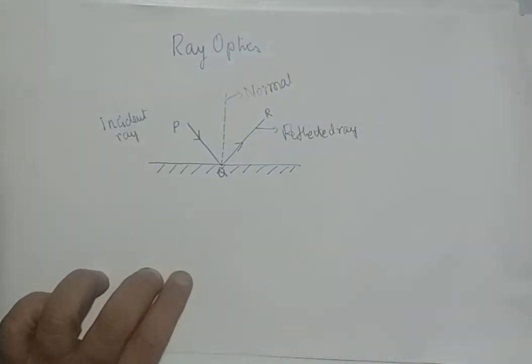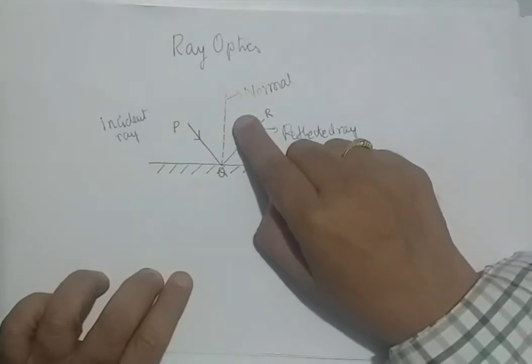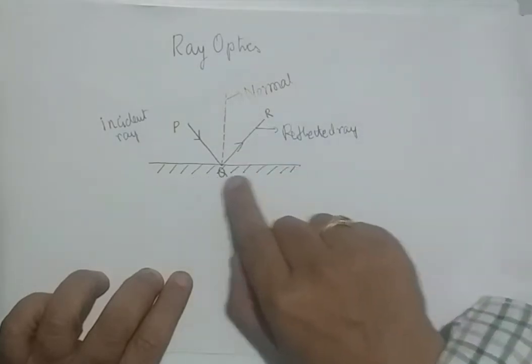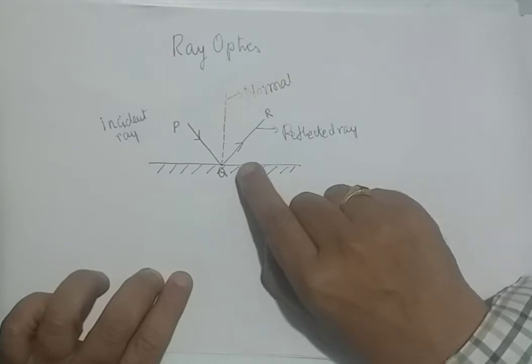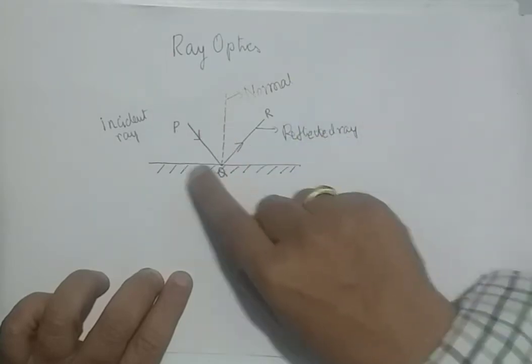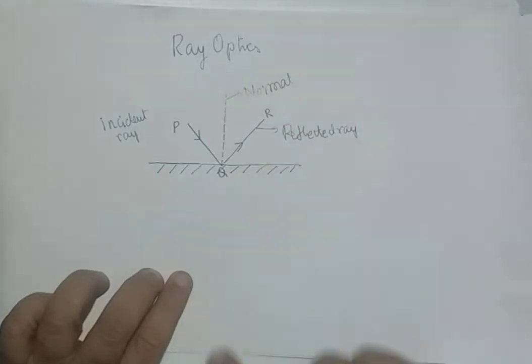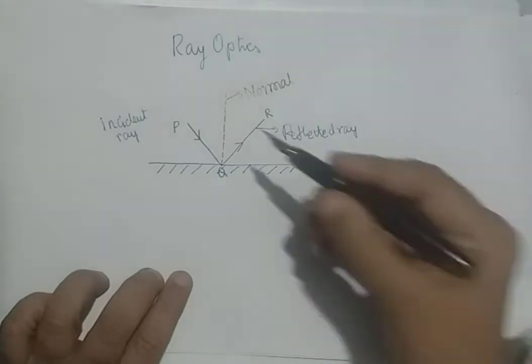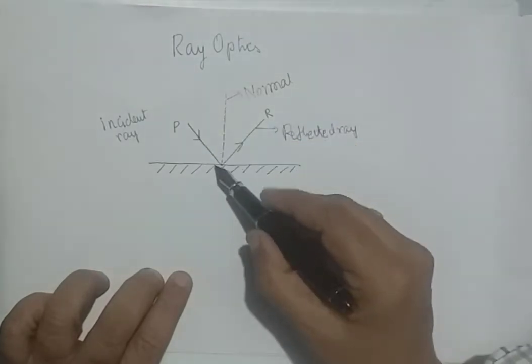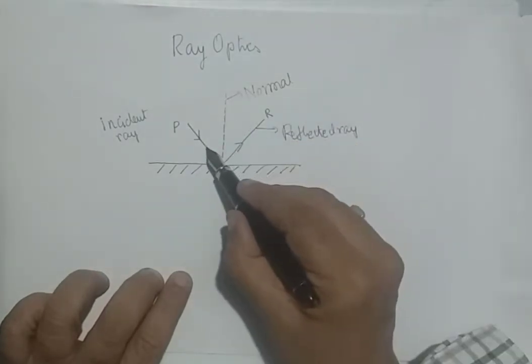So these are the terminologies or definitions to be learned. Normal means a perpendicular drawn to the surface of the mirror or reflecting surface. PQ is the incident ray. The reflected ray is QR, which is reflected from the surface. Now we also mark some angles. PQ, the incident ray, makes some angle with the normal.